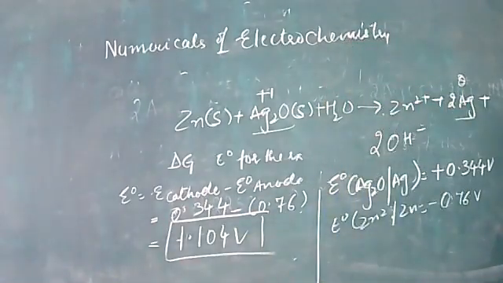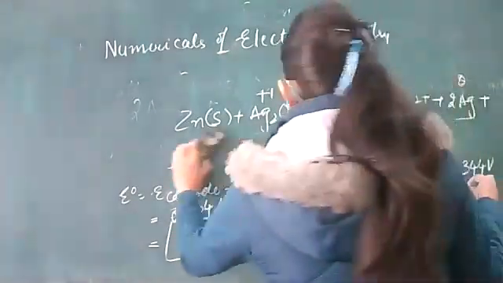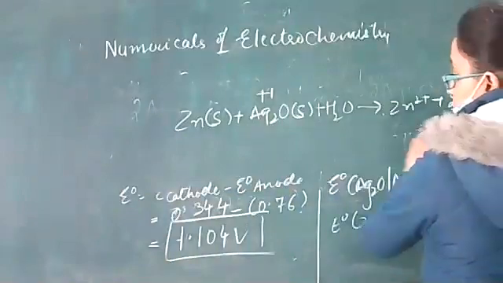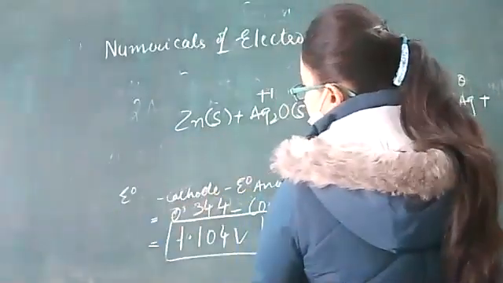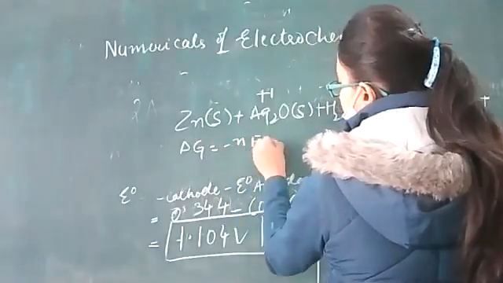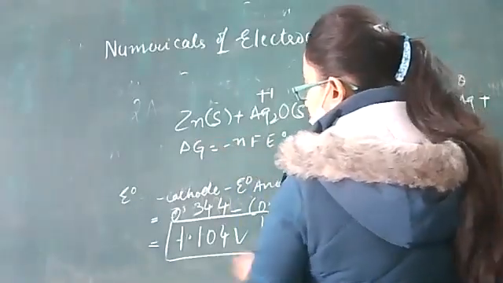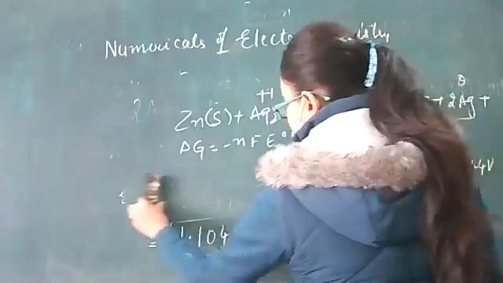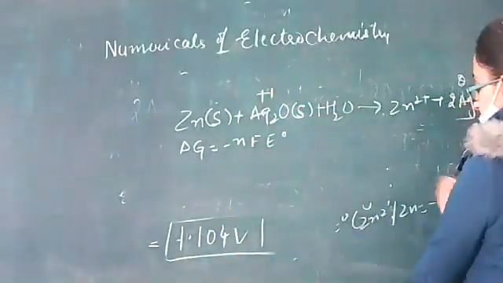After finding E naught, we have to find delta G. So delta G is minus nFE naught. How many electrons are involved in this particular reaction?